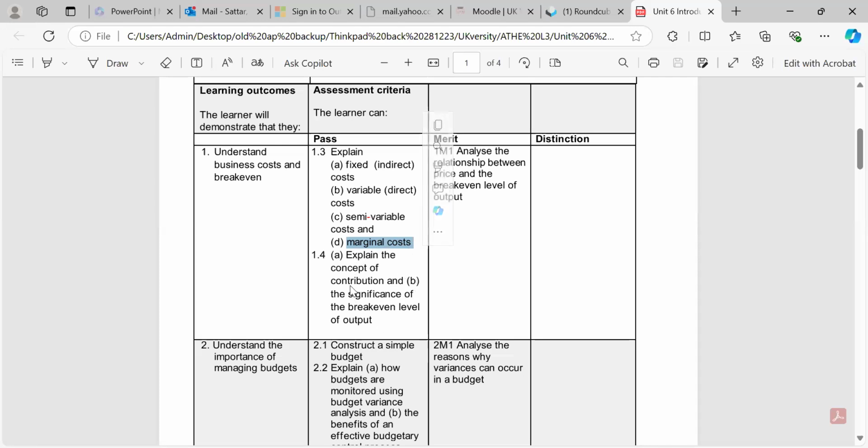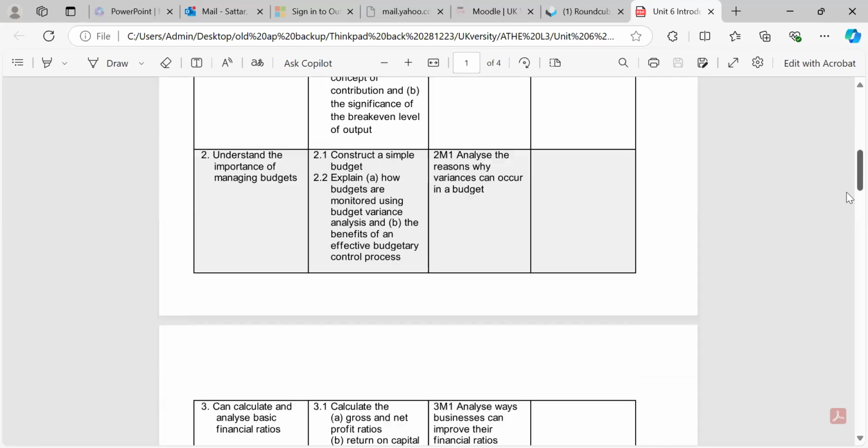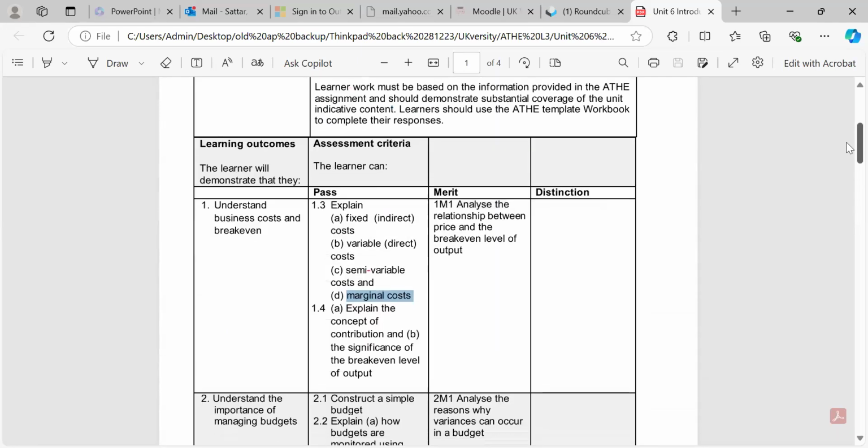And break even is a point where there is no profit, no loss, we are just meeting all the costs, variable and fixed costs together, and that point is known as the break-even point.